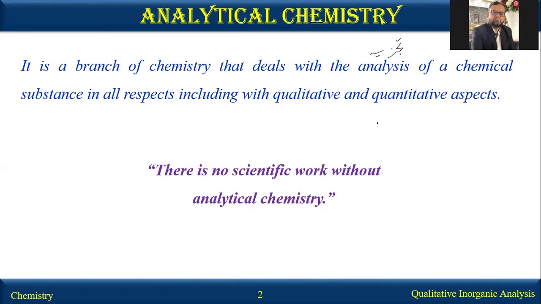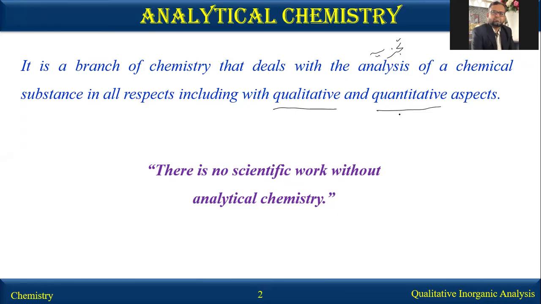So in this way we classify chemical analysis into two parts, the qualitative and the quantitative part. In the qualitative part we just identify what is present in the given sample.